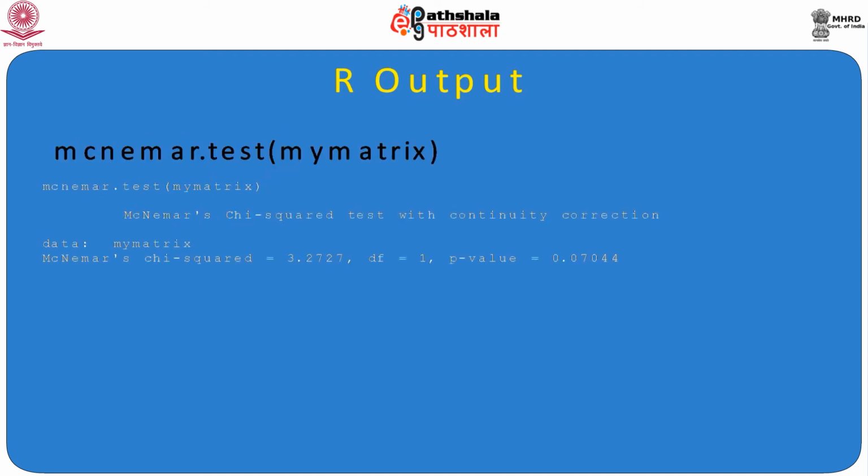Now we are going for the McNemar test as a tool for matched analysis, where the McNemar test for my matrix is used, and as a result we get a p-value of 0.07. It is near the borderline, and the chi-square is 3.27.